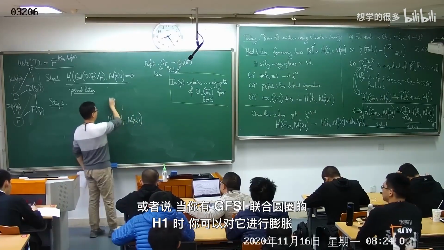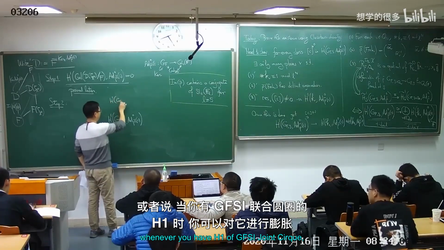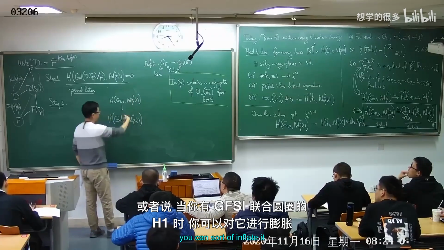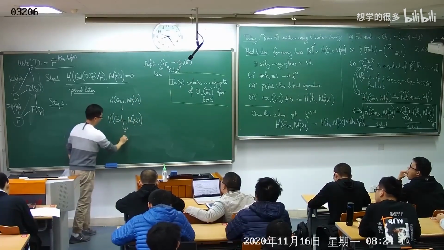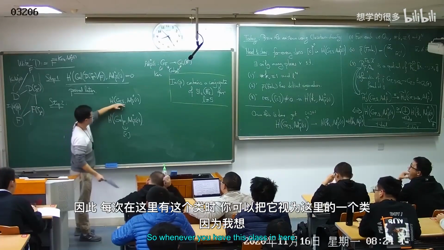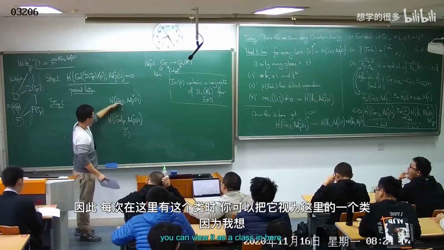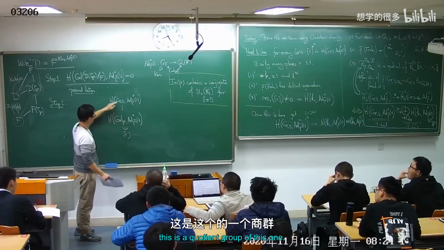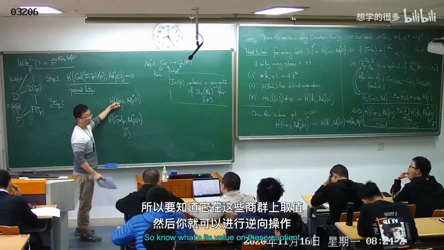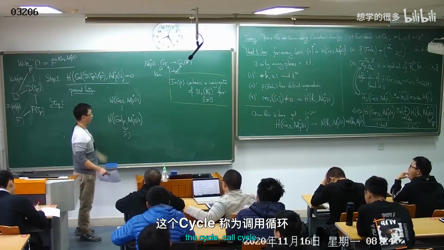Or rather, whenever you have H1 of G_F with adjoint coefficients, you can sort of inflate it to its class in here. Okay? So whenever you have this class in here, you can view it as a class in here because this is a quotient group of this one. So you know its valuation on these quotients, and you just pull back the cocycle here.